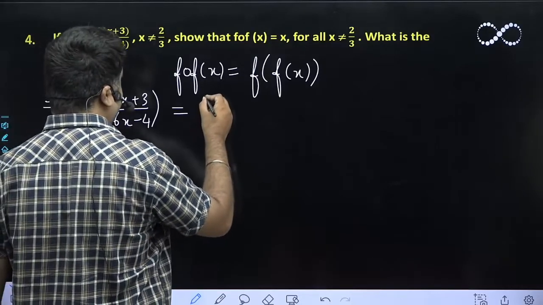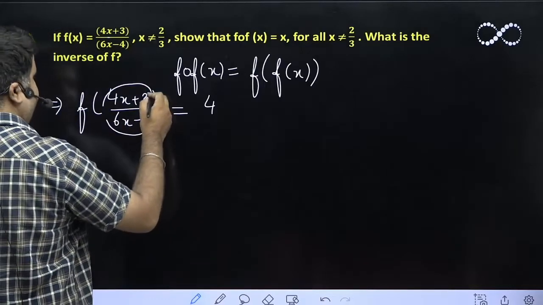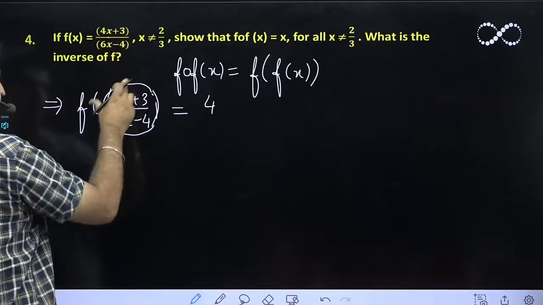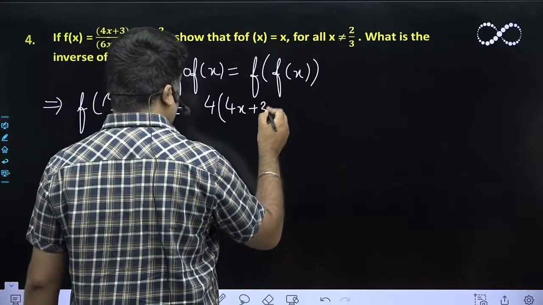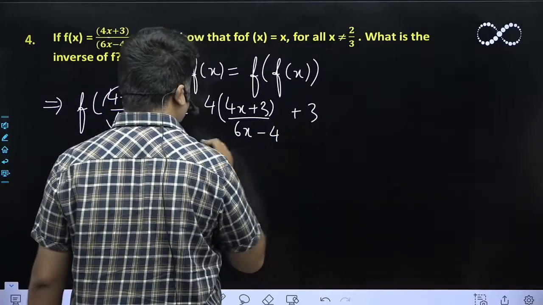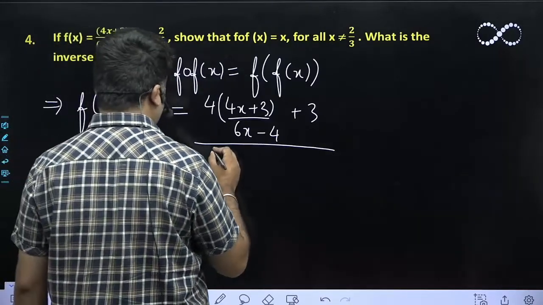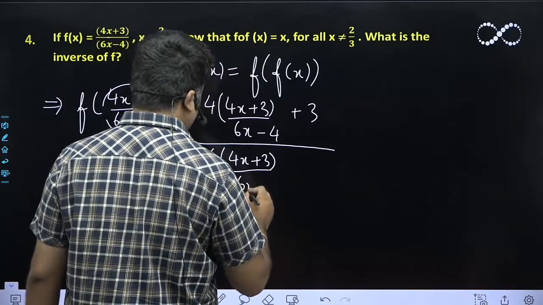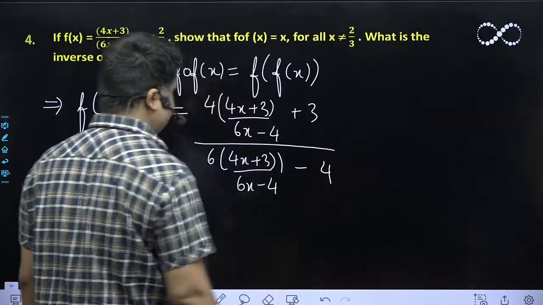Now this is a very important part. You have to find f of this whole thing, right? So you have to replace this x here and this x here with this whole thing. So this becomes very lengthy, but still you have to solve it. 6x minus 4 plus 3 upon, you get 6 times 4x plus 3 upon 6x minus 4 minus 4.